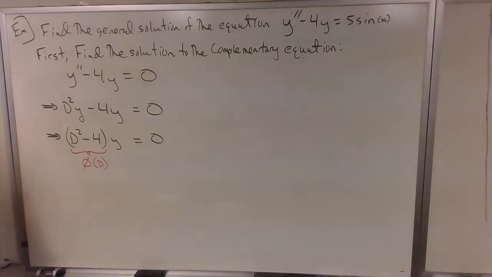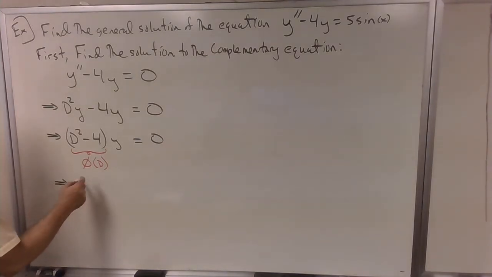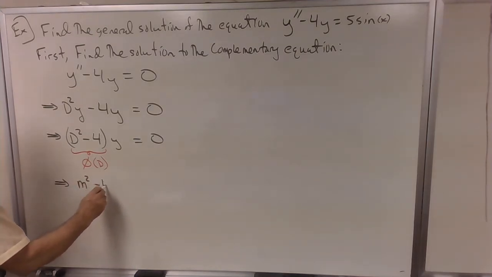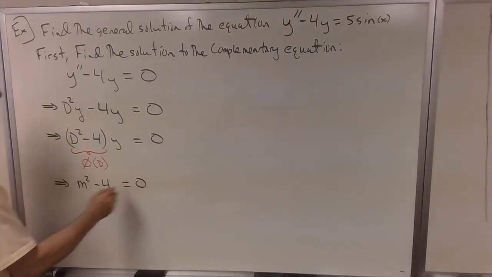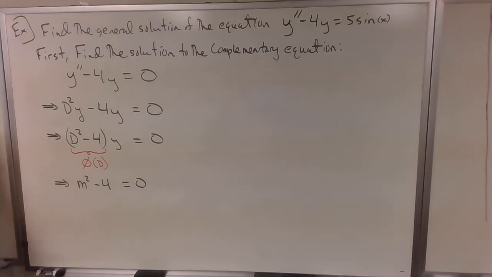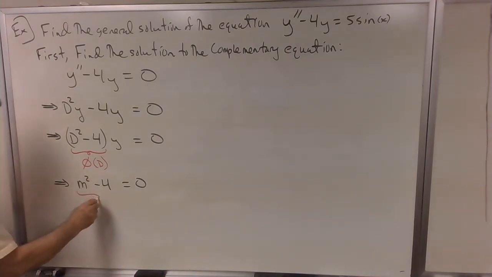And that's important because my next step is to write the auxiliary equation and to solve that auxiliary equation. So my auxiliary equation is the same polynomial in terms of m. So here's phi of m.